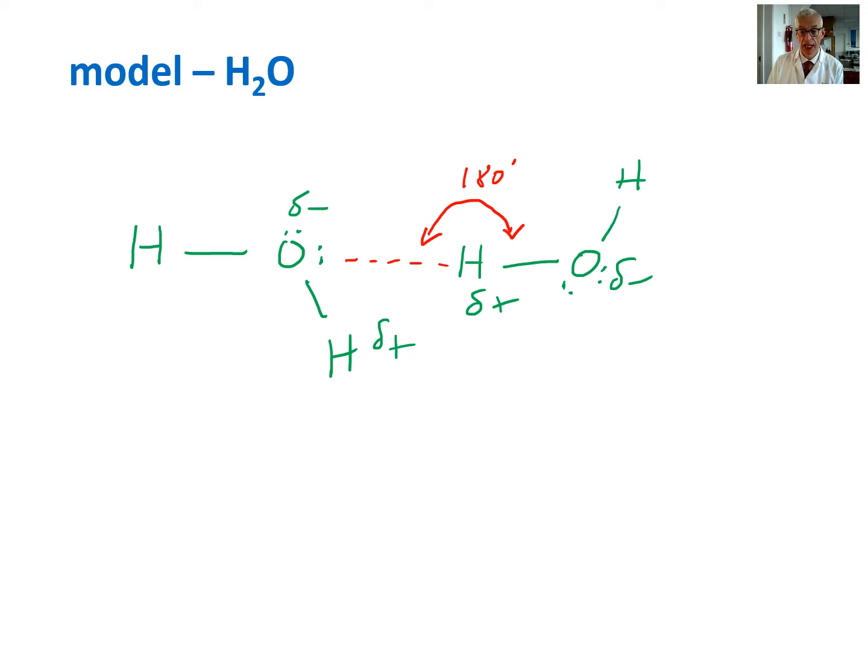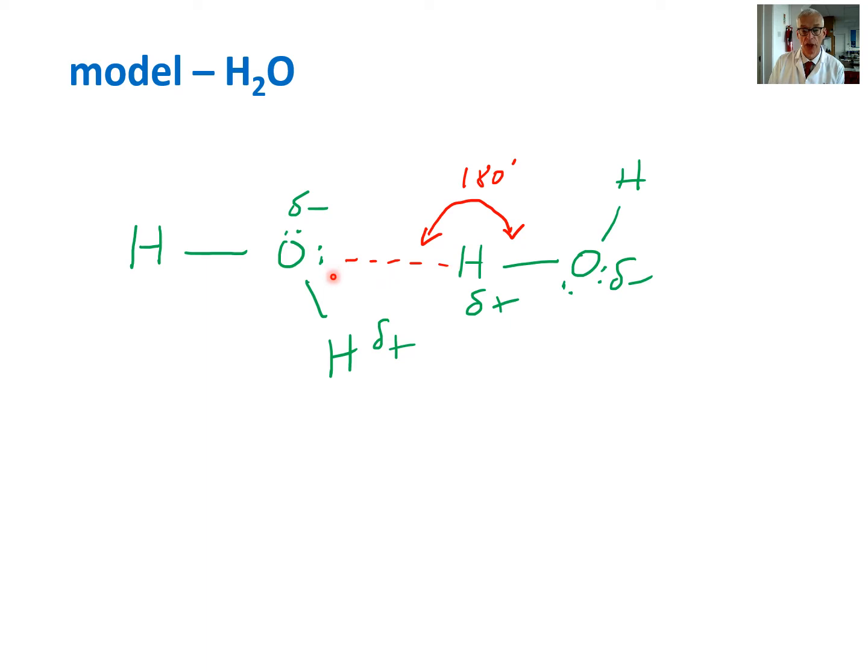So just to recap, we have a lone pair of electrons on an oxygen atom, which is delta minus, electrostatically attracted to a highly polarized hydrogen atom of a neighboring water molecule. The lone pair points at the hydrogen. If you look at the way I've orientated that, the lone pair points at the hydrogen atom.